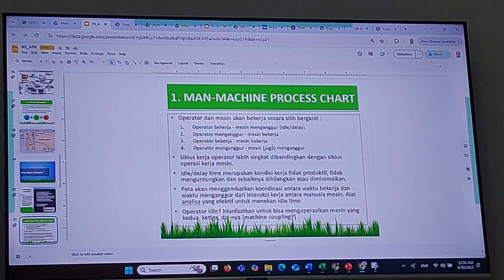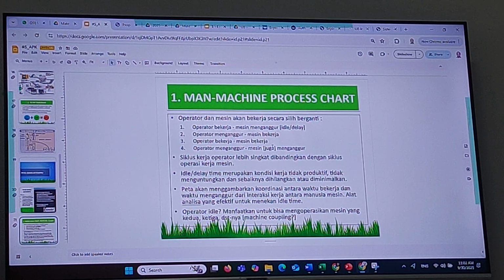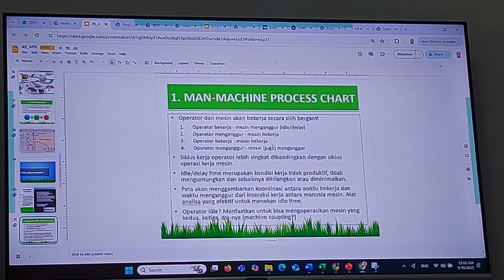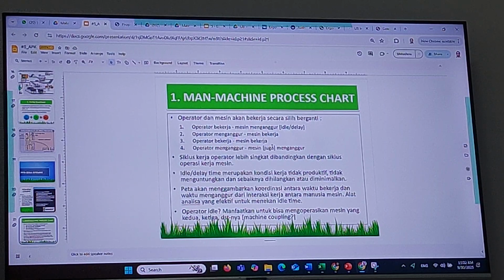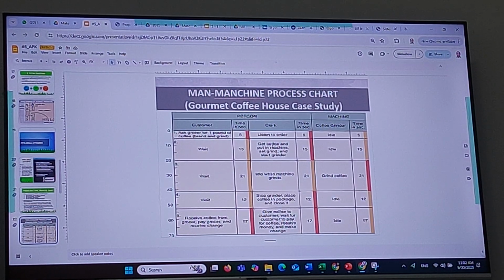So we define the activity of the machine and also the activity of the operators, and try to analyze which part of the operator can be adjusted or arranged to another activity. This is the example. We try to define the activity of the customer, clerk, and also machine for the coffee grinder.